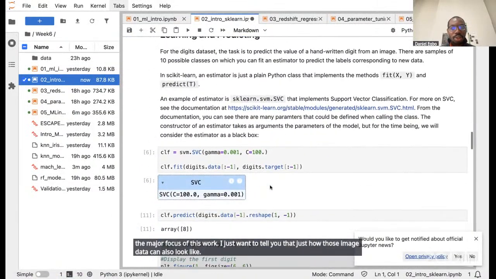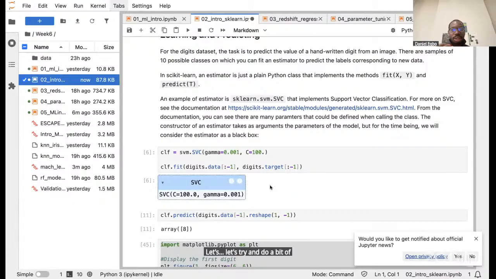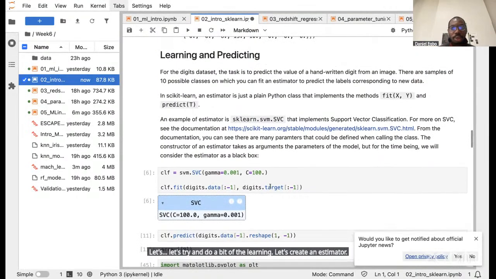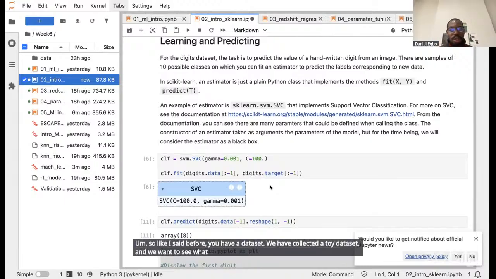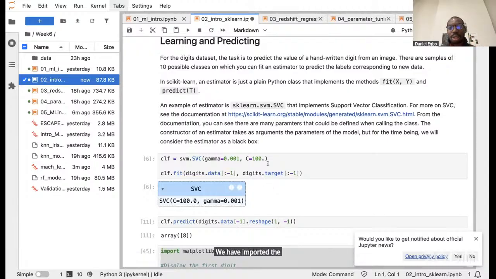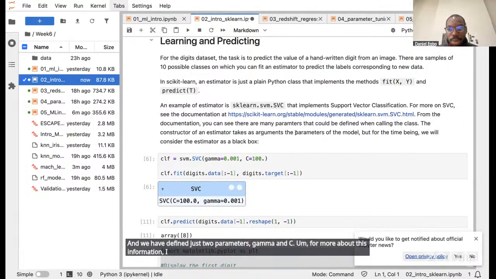Let's try and do a bit of the learning. Let's create an estimator. Like I said before, you have a dataset. We have collected a toy dataset and want to see what machine learning can actually do. We have imported the support vector machine module from Scikit-learn, and we have defined just two parameters, gamma and C. For more information, I also provided a link here.